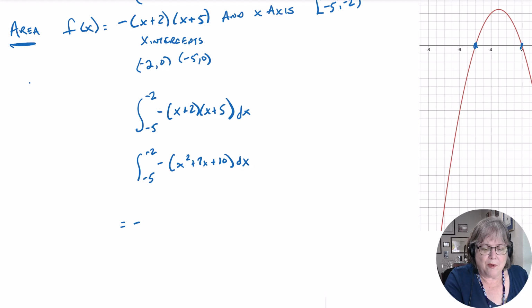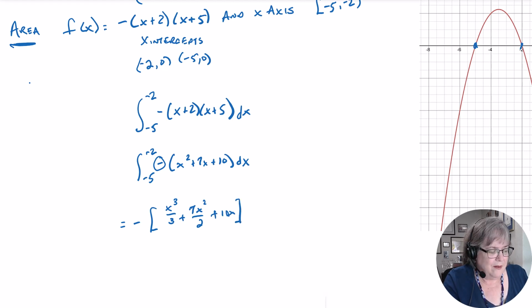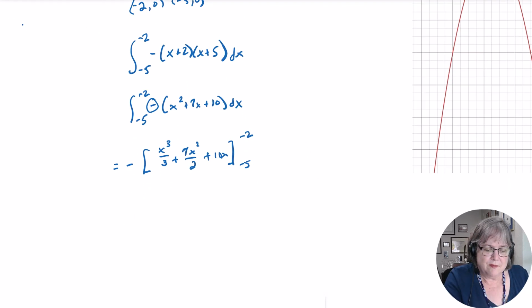Now what I can do is pull this negative out so I don't have to deal with it. Okay. And then I would add 1 to the power and divide by the new power. And evaluate it from -5 to -2. So then you would put in your -2.